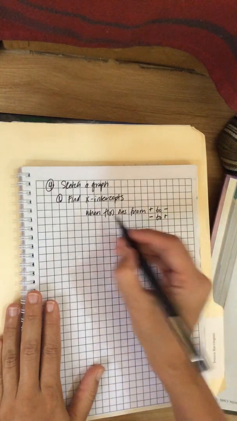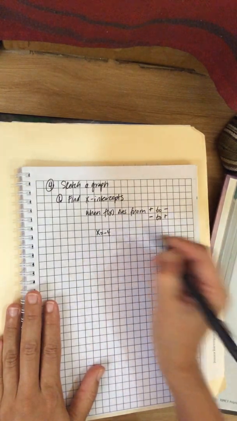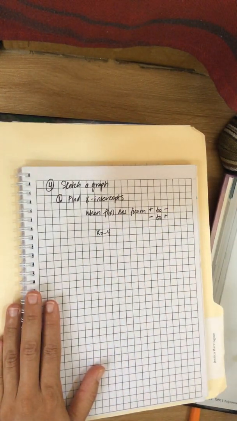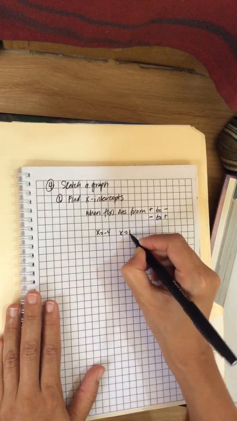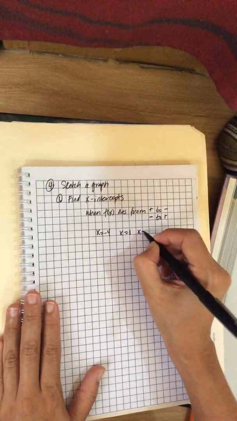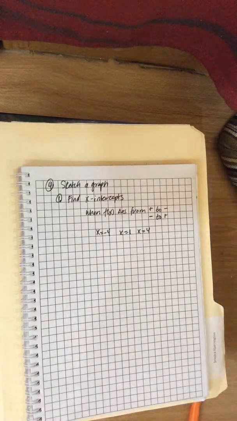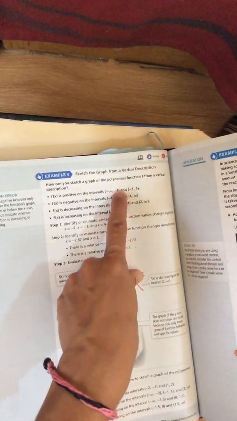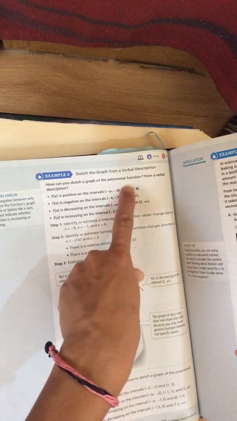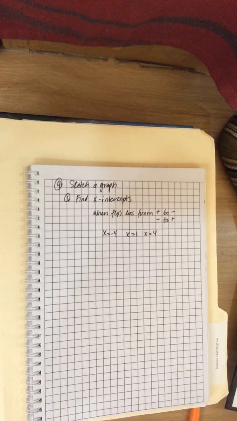Well, it happens when x equals negative 4, and it also happens when x equals negative 1, and it also happens when x equals 4, right? So I'm just using those first two bullets to see when it's changing from positive to negative. So you can see at negative 4 it switches, at negative 1 it goes back, and then at 4 it switches again. So those are our x-intercepts.